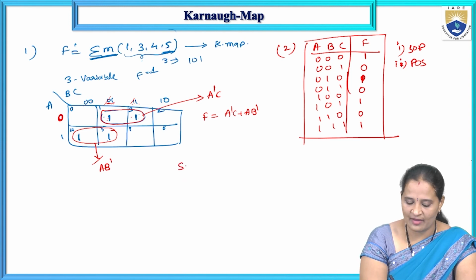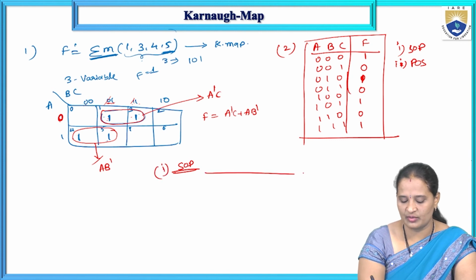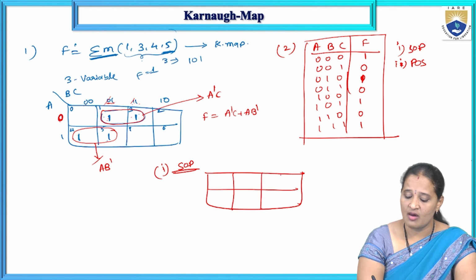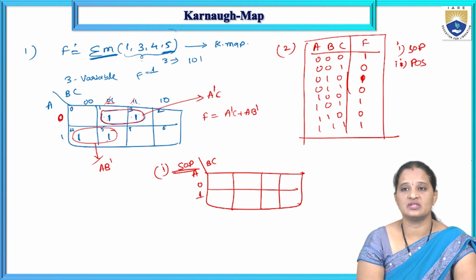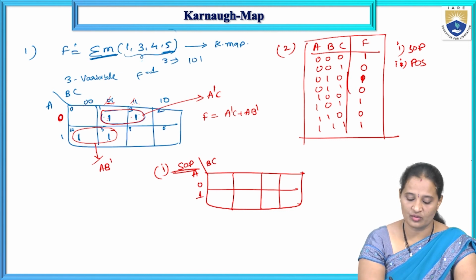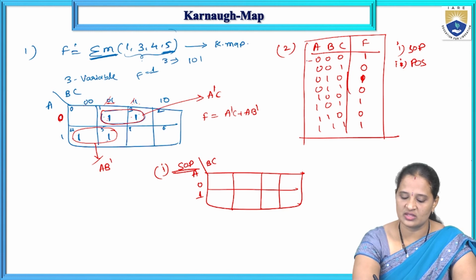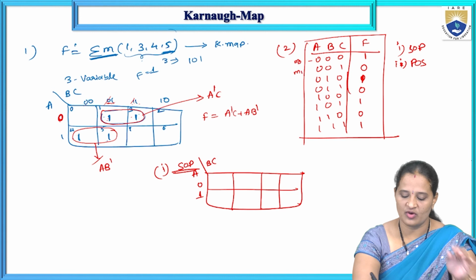So first of all, I want to get SOP. When I want to get the simplified Boolean expression in the form of SOP from the truth table, you need to identify which combinations are producing the function output as 1, because for SOP we take the function output as 1. So what is this one? This one is M0, M1.